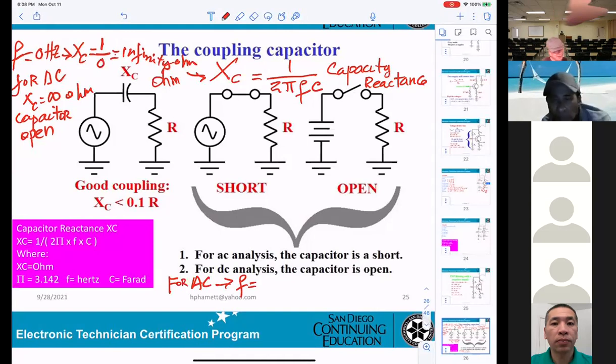You can say 60 hertz. The other one can say 1 kilohertz or 10 kilohertz, 100 kilohertz. So I want to select f equal to infinity hertz. That means you cannot make it bigger.